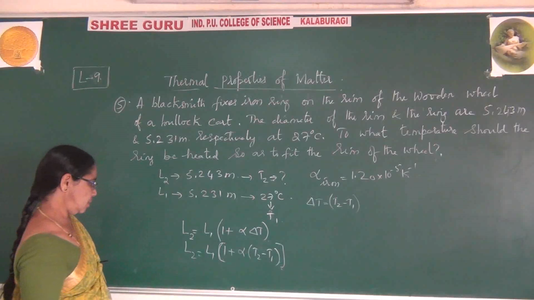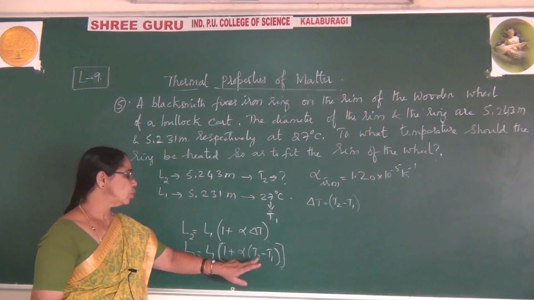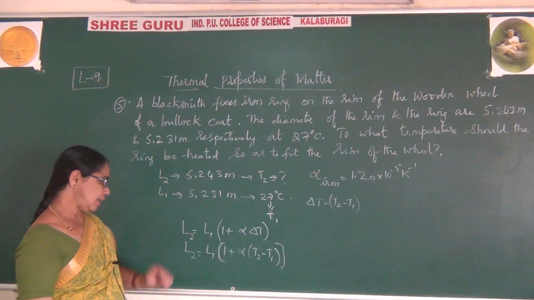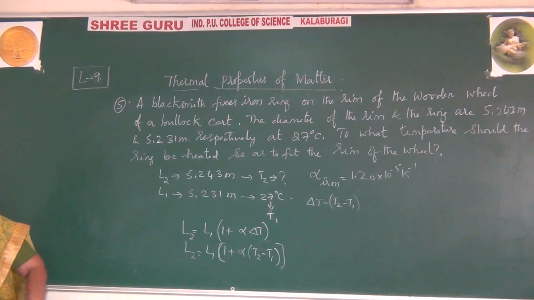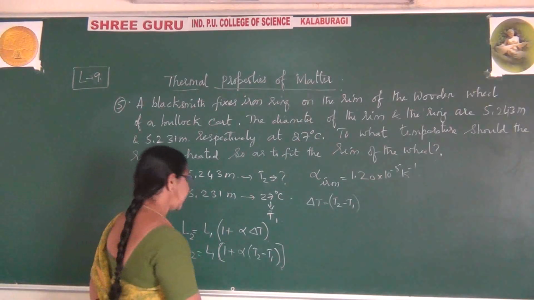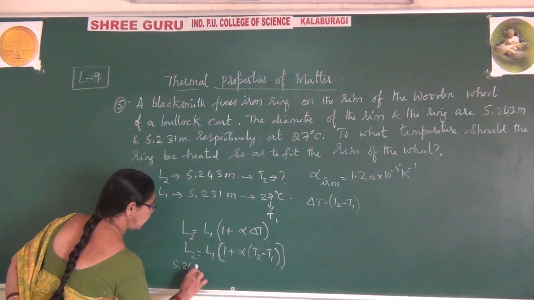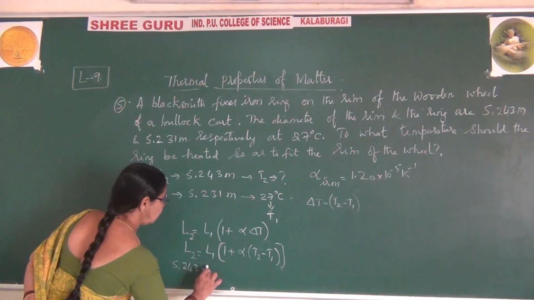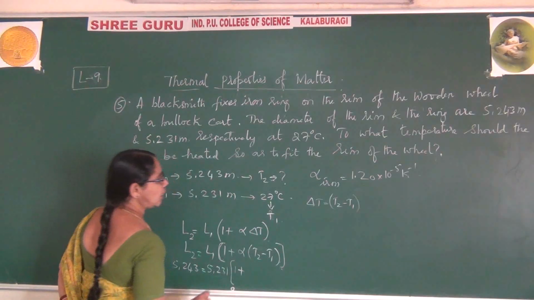Now we have written the formula. Already we know L1, L2, alpha, T1 is known, and T2 you have to calculate. So first let me write the values. By using this, let me write the L2 value: 5.243 is equal to 5.231 into 1 plus alpha.